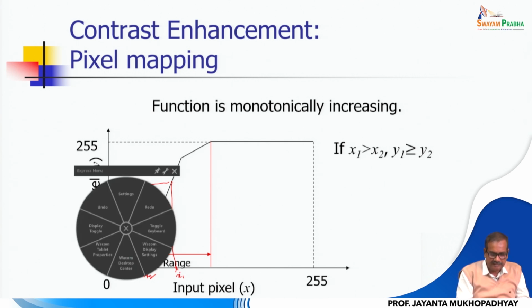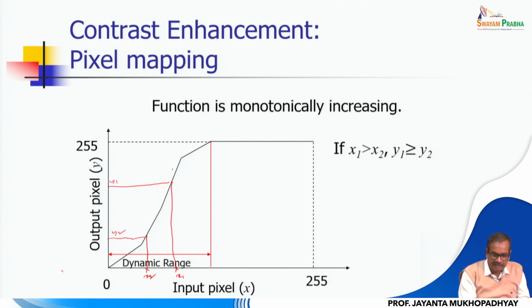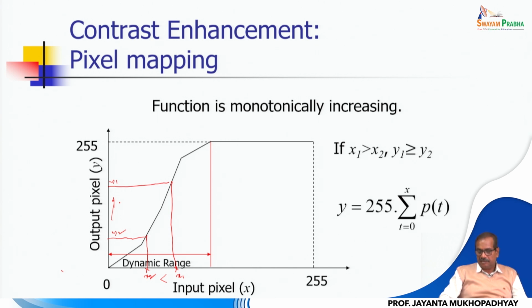You can see that as x1 is greater than x2, similarly y1 is also greater than y2, right? So it ensures that monotonicity, and that is how the contrast enhancement is achieved.